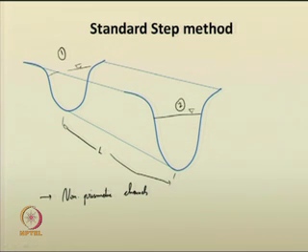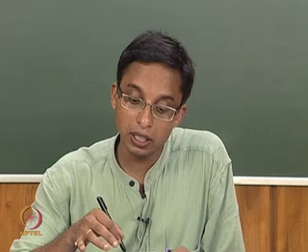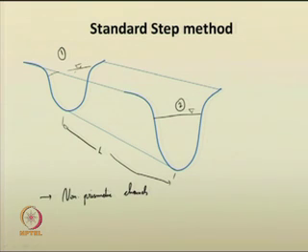Let us assume that the depth of the flow here as well as the velocity of the flow depend not only on the depth of flow, but it is also a function of x, at which location of x it is.